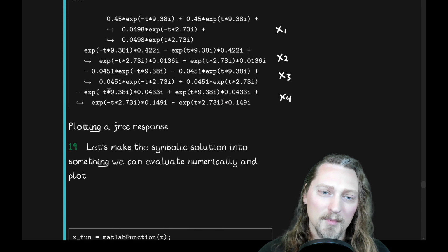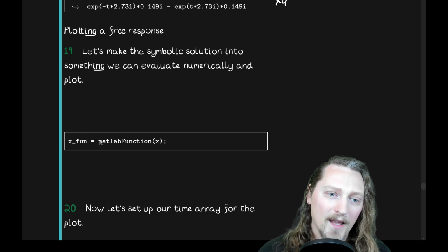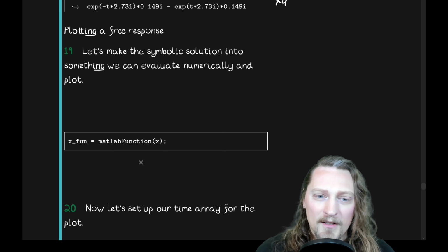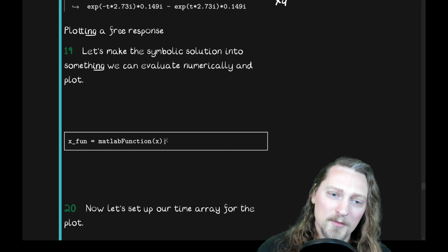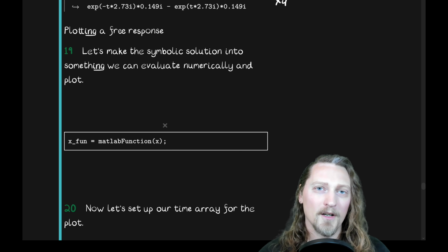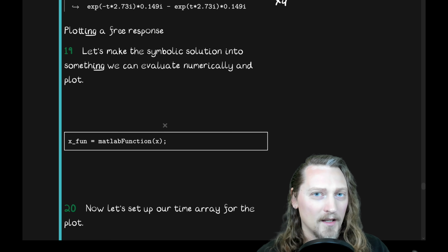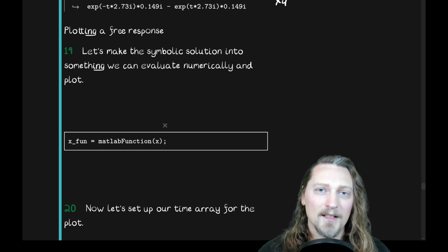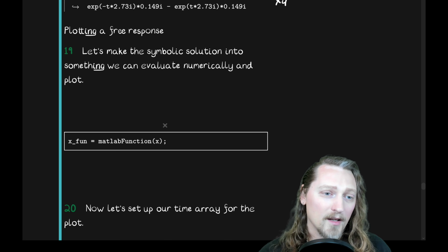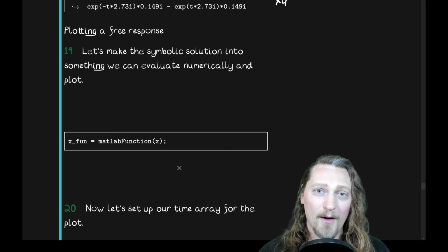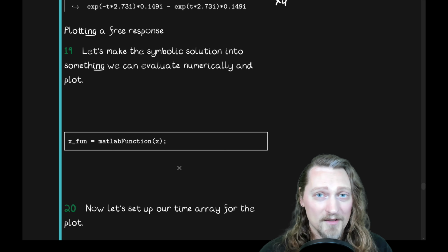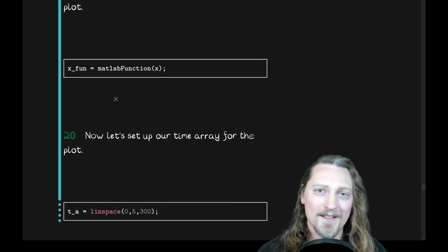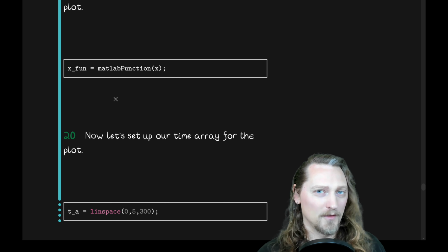So it has this nice built-in function called matlabFunction, aptly named, that takes a symbolic expression and returns a numerically evaluable function. In this case, there's only one variable in it that's symbolic, so it knows that it's now a function of whatever that variable is, which is t, time for us. So xfun is the numerically evaluable function for us.